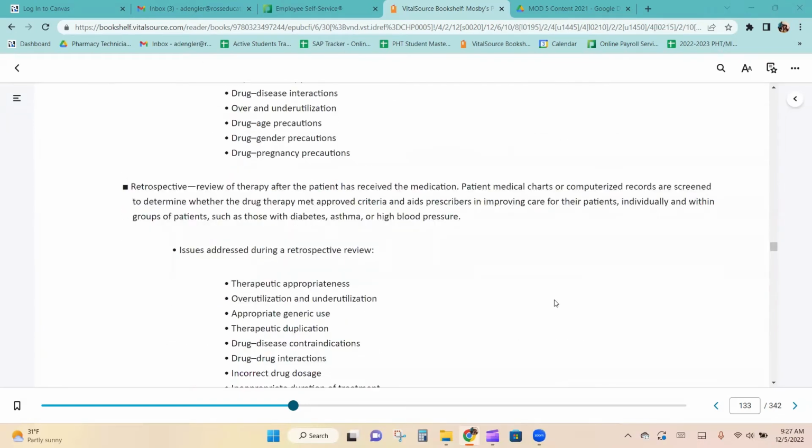Retrospective: review of therapy after the patient has received the medication. Patient medical charts or computerized records are screened to determine whether the drug met approved criteria, and this aids prescribers in improving care for their patients, individually and within groups of patients, such as those with diabetes, asthma, or high blood pressure.